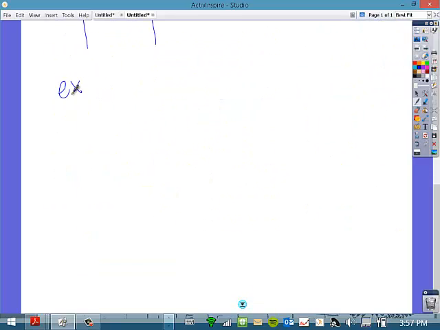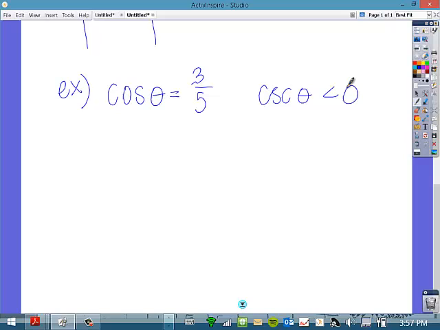All right, next one. What if I gave you a specific value for a trig function? So cosine of theta is 3/5, and cosecant of theta is less than 0. So since I told you cosine of theta is 3/5, that means that cosine is positive.